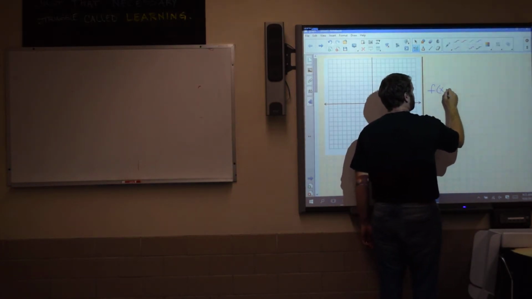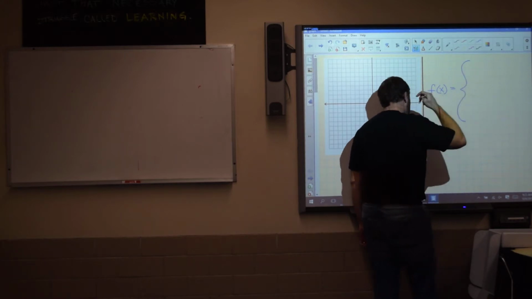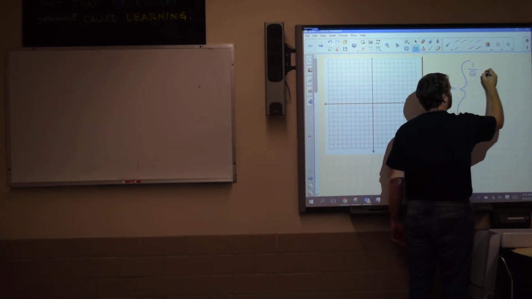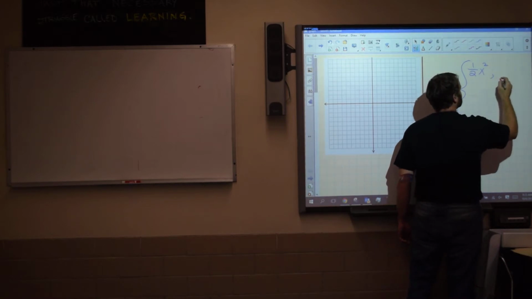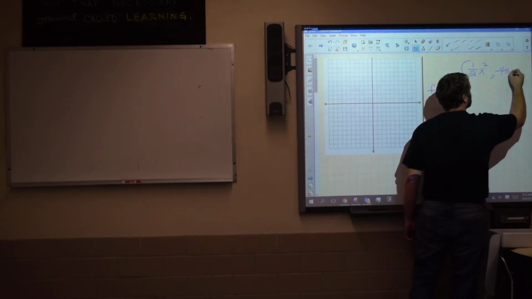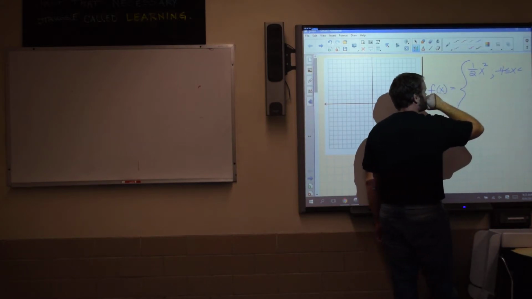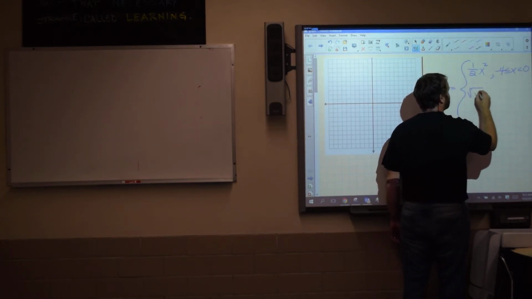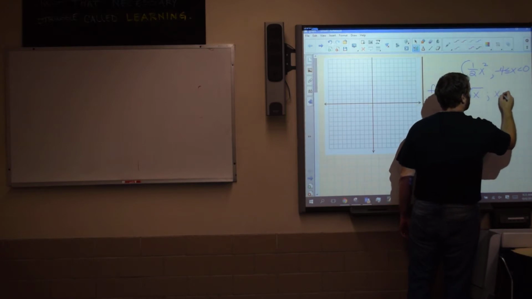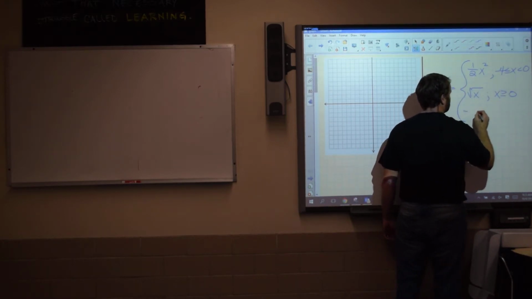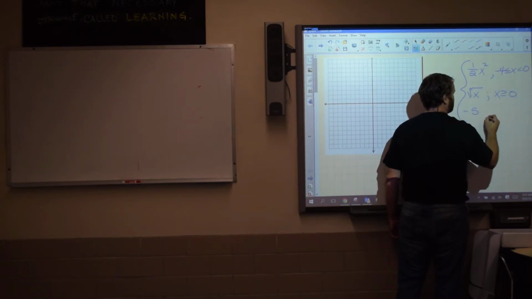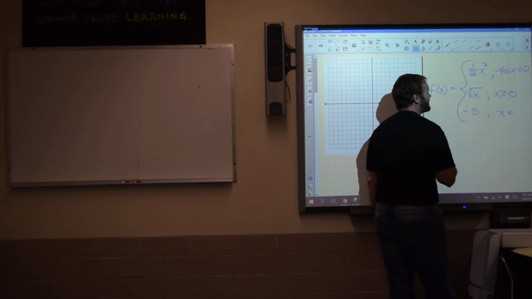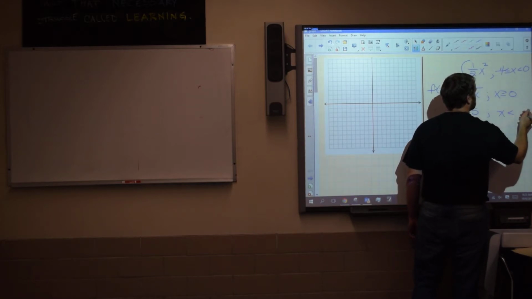F of x is equal to 1/2 x squared, square root of x when x is greater than or equal to 0, and let's say negative 5 when x is less than negative 6.